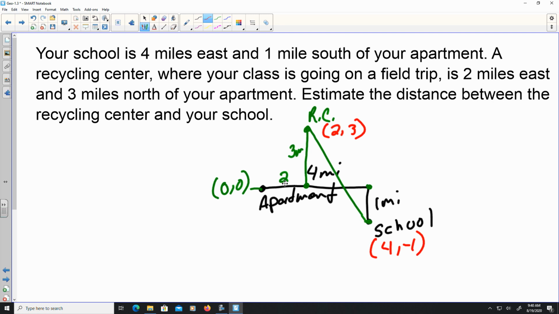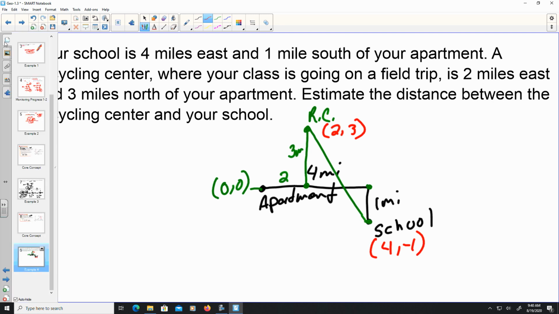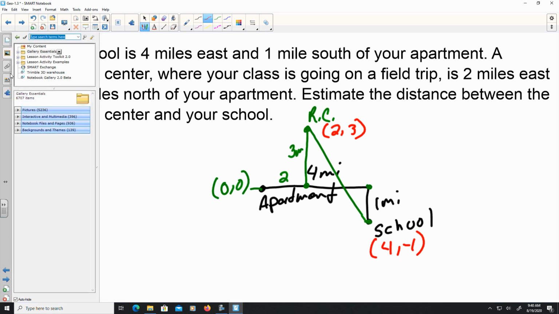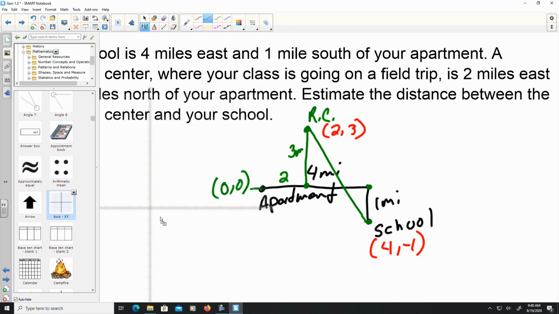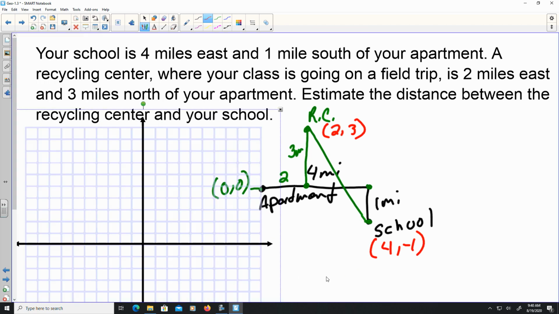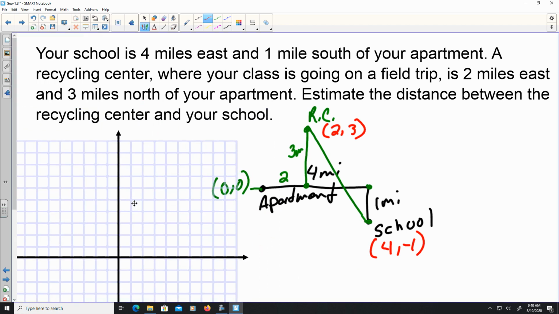All right, if it helps, we could put in a coordinate plane to kind of represent it, just to kind of give you an idea. So this is the apartment. They're telling you that the school is 4 east, 1, 2, 3, 4, and 1 south here.